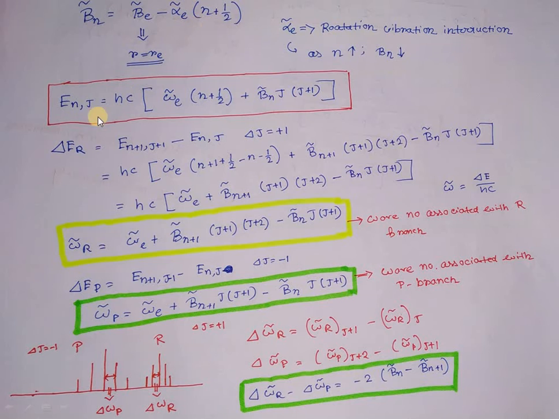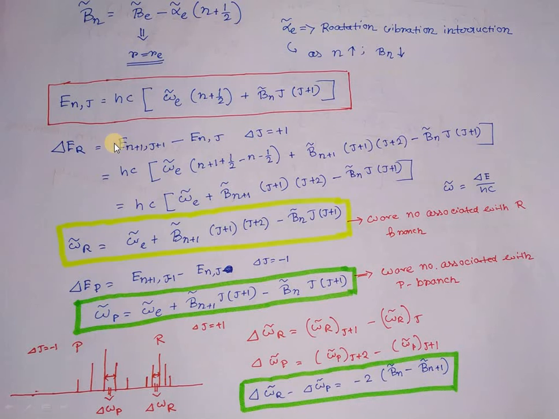Now we will calculate the change in energy in case of the R branch. So delta Er is equal to E(n+1, J+1), the energy associated with the n plus 1 and J plus 1 state, minus the energy associated with the nth state and J state. As we have told you, in rotation-vibration spectra the selection rule is delta n equals plus 1, and for the R branch delta J is plus 1.